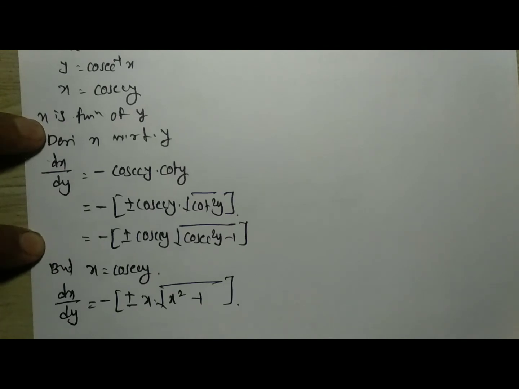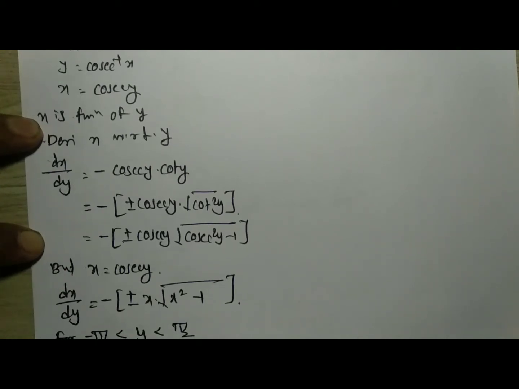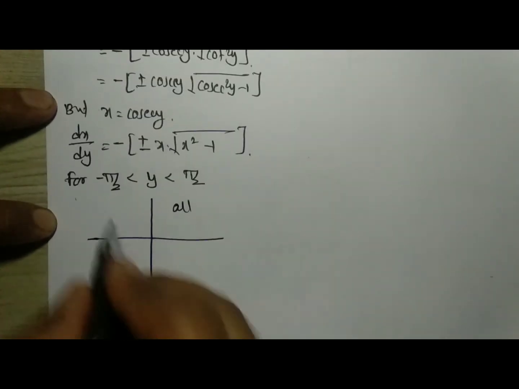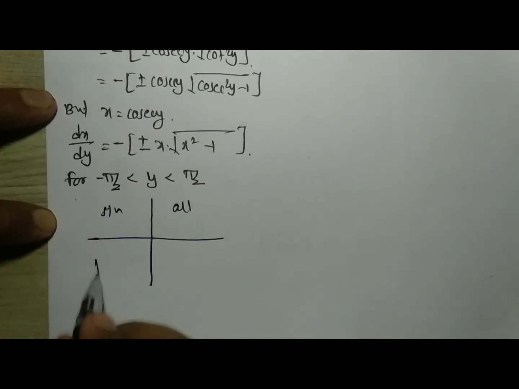Now we consider minus pi by 2 less than y less than pi by 2. What does it mean? First of all, consider the quadrants: all ratios are positive, sine ratios are positive, tan ratios are positive, cos ratios are positive.